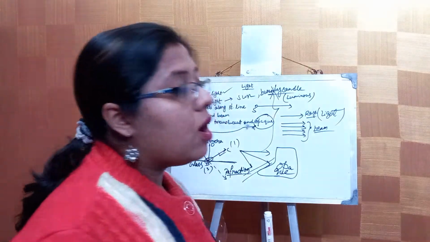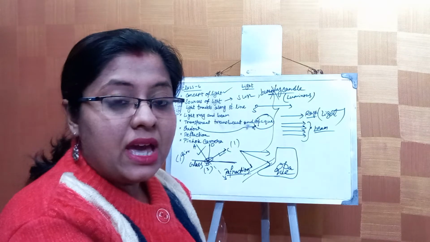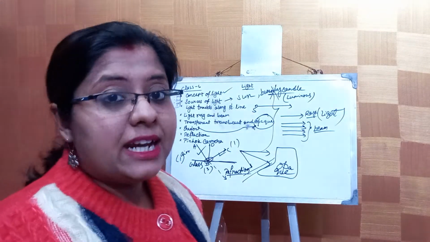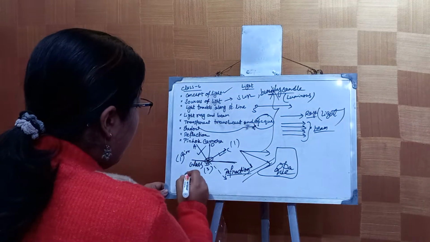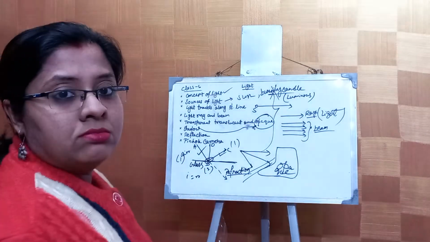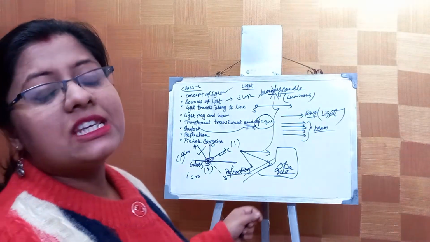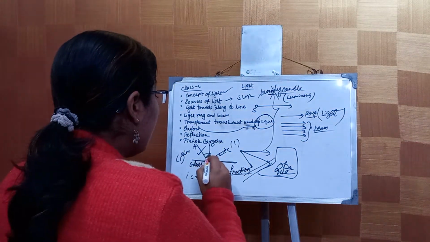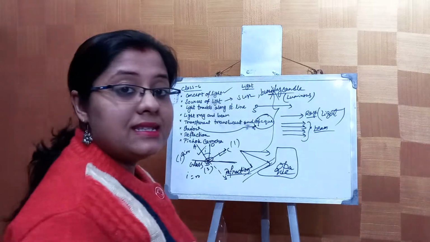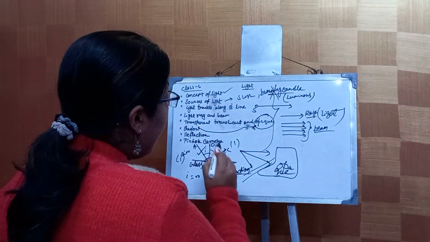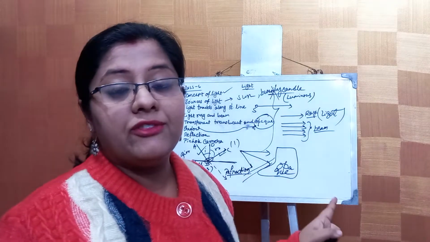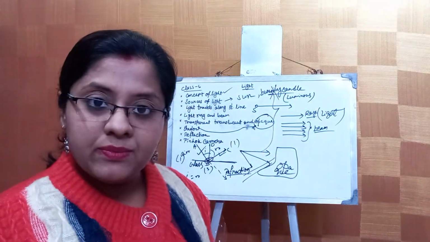If the first law of reflection is satisfied, then we can come to the second law. The second law is I equal to R: angle of incidence equal to angle of reflection. Now this is called angle of incidence. This is called angle of reflection. Here you will get the benefit of drawing the perpendicular.